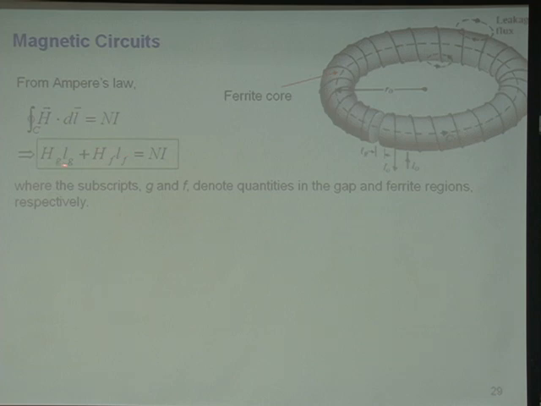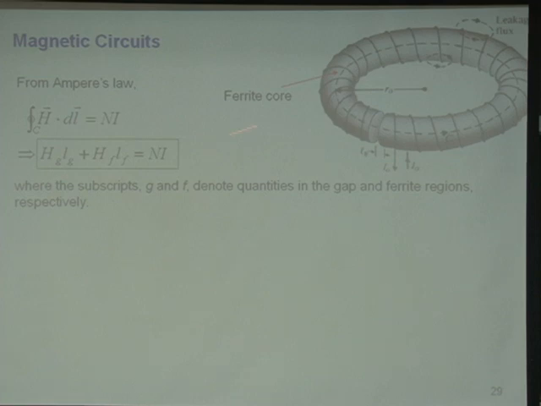So you can write your Ampere's law in two parts: one part at the gap, suppose that you have a field of Hg in this region, multiplied with the gap length, and for the rest you have LF and HF. If you want a very strong magnetic field, you can use a ferrite core, a very strong magnetic material, for the purpose of increasing the magnetic flux density. Okay, so you have this equation.